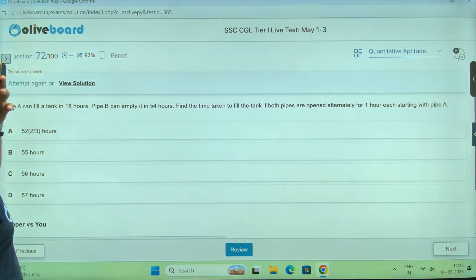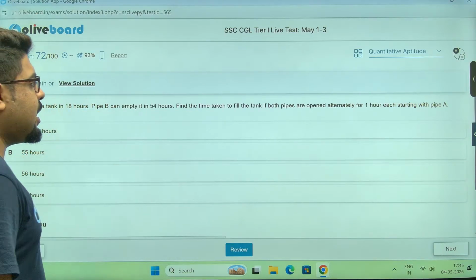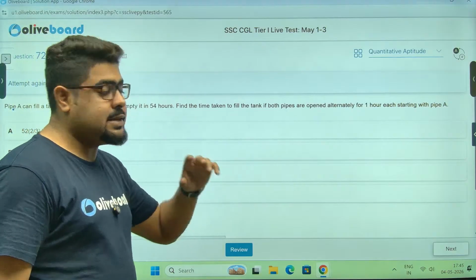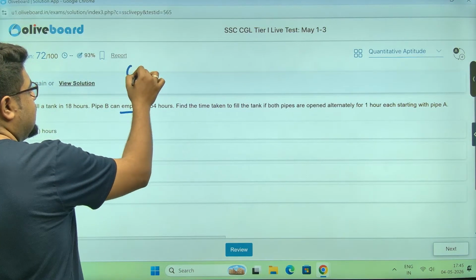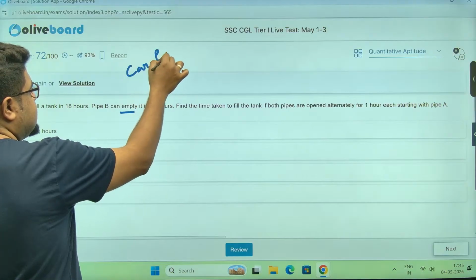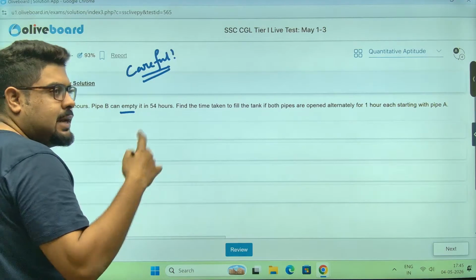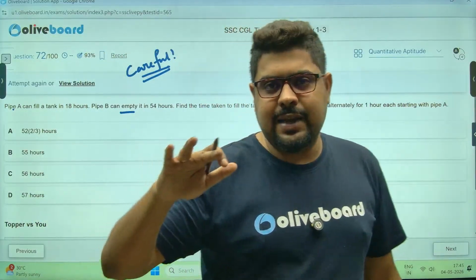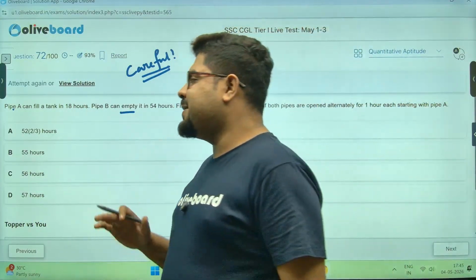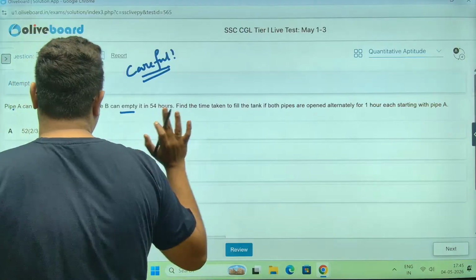A can fill a tank in 18 hours, B in 54 hours, alternately 1 hour each. Just, sir, if it can empty, be a little careful, because sometimes the final one, once it is filled, will not again empty. So be careful of that.